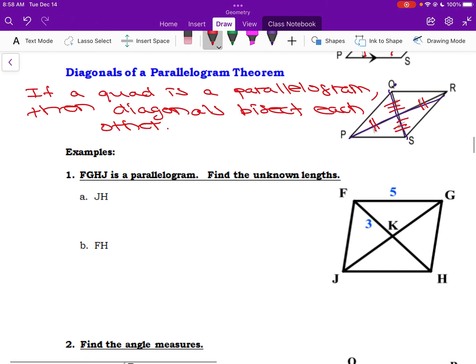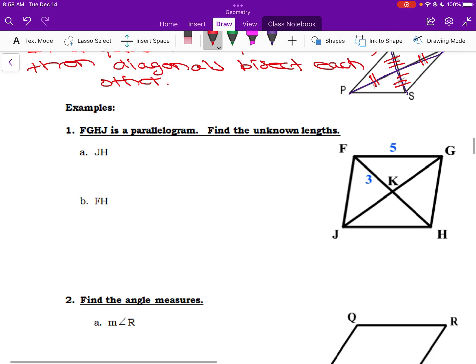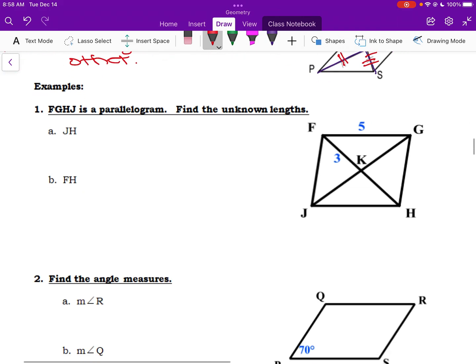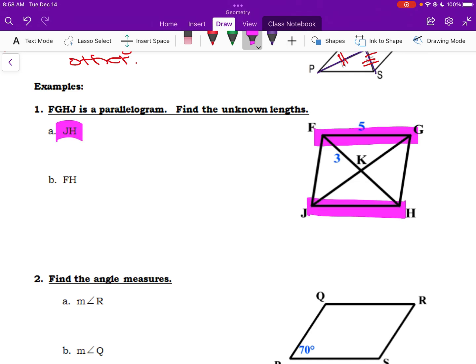All right, so let's look at some examples here. We are told that FGHJ is a parallelogram, and we want to find the unknown lengths. They're asking us to find JH, and we know JH is going to be congruent to FG because they are opposite, so JH is going to be 5.